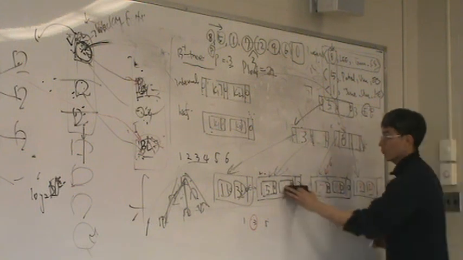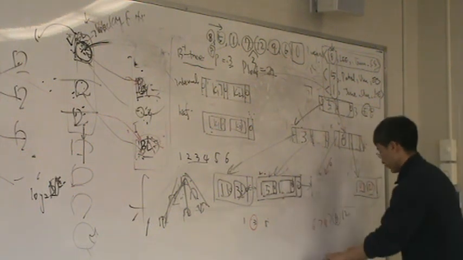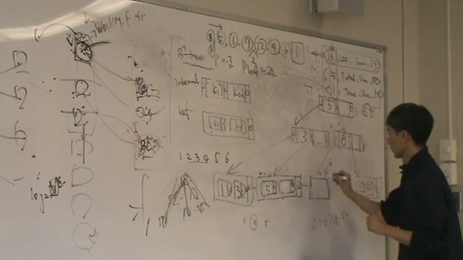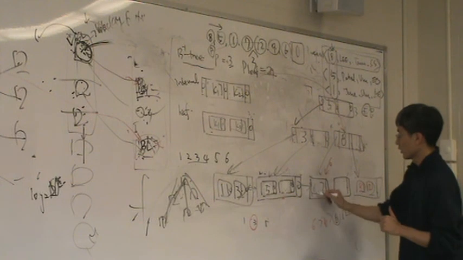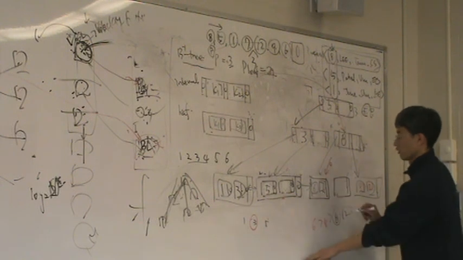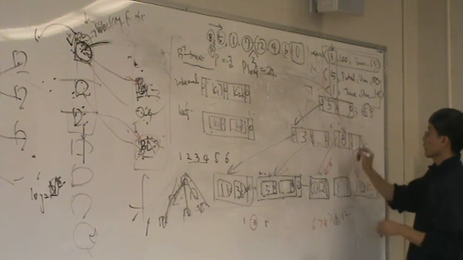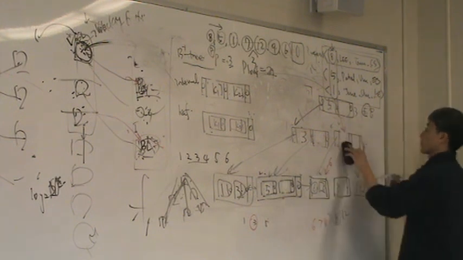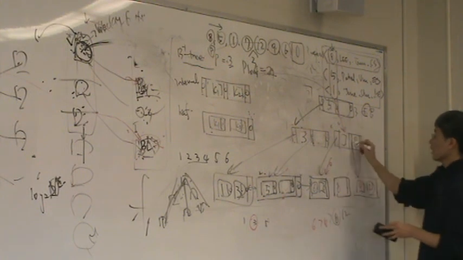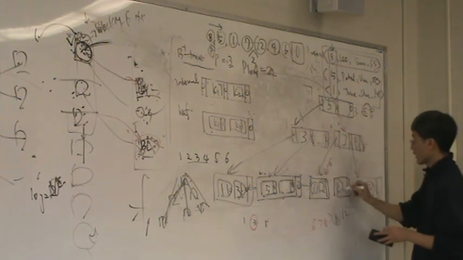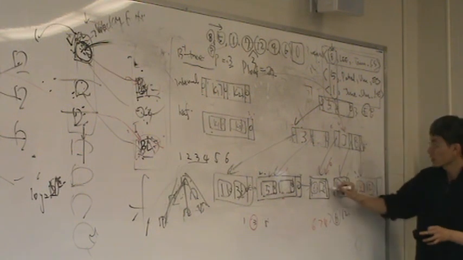So how can we do it? We split 6, 7, 8. 6, 7 goes to here, and 8 goes to here. 7 will be promoted. We have space, fortunately. So equal or less than 7 goes to here. Bigger than 7, equal or less than 8 goes to here. Bigger than 8 goes to here. Then the sibling pointer.